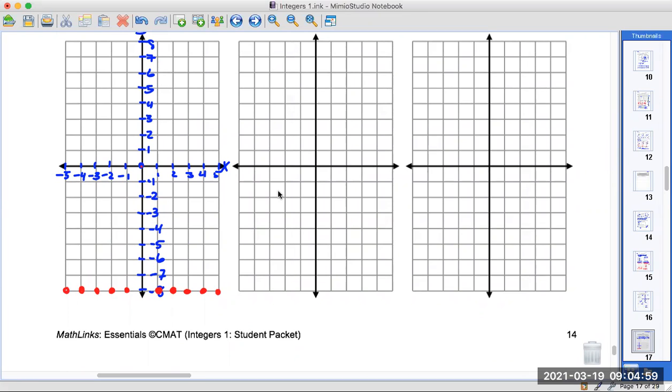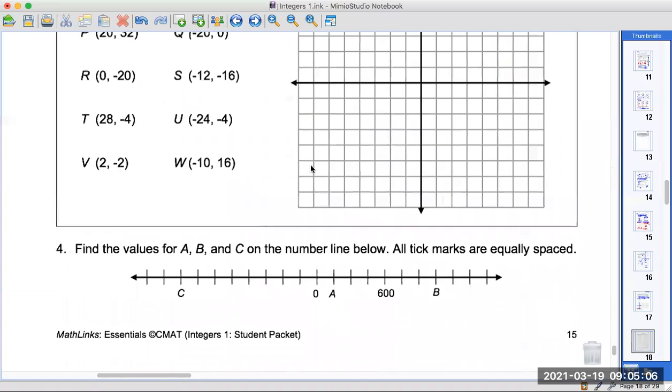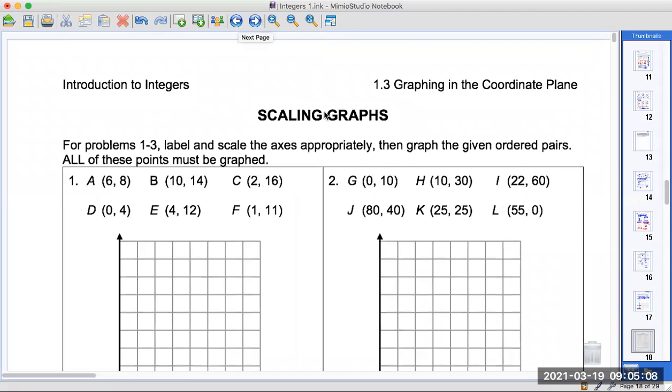So this is page 14, and then we're doing page 15, which is this one, scaling graphs. Now it's your job to figure out what the scale is. The scale is the numbers on the x and y axis.